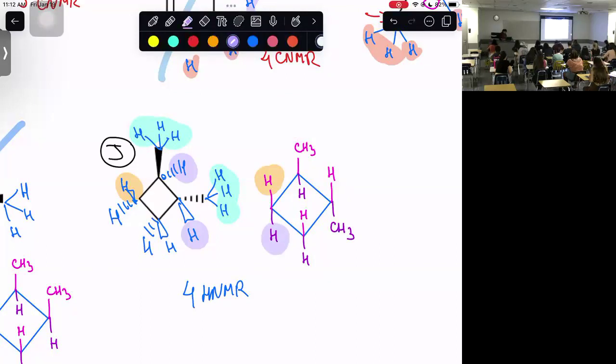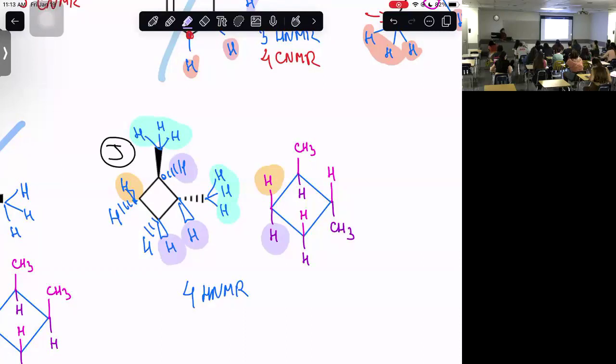And then the other wedge hydrogen, the one that's in here, is that one going to be the same as the orange or purple signal? We're looking at this one.